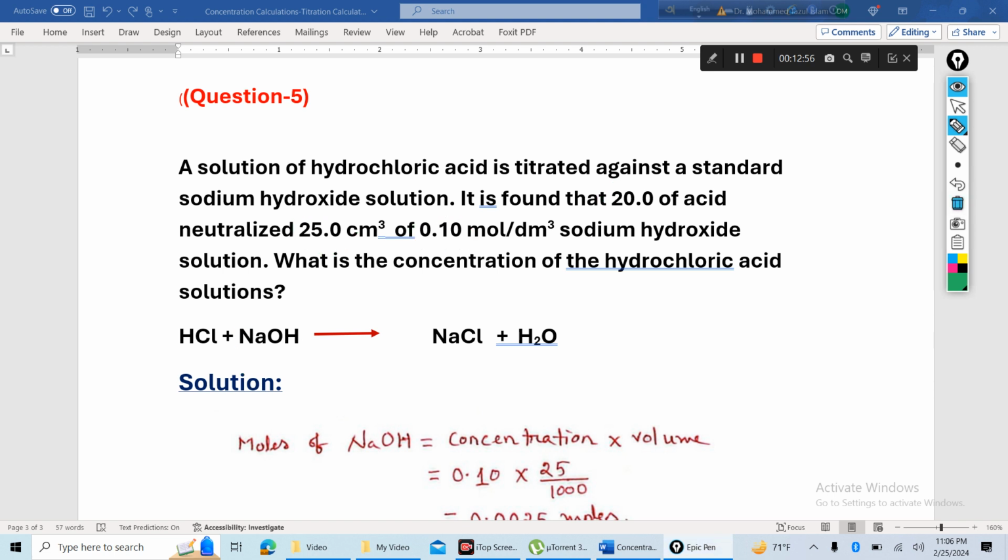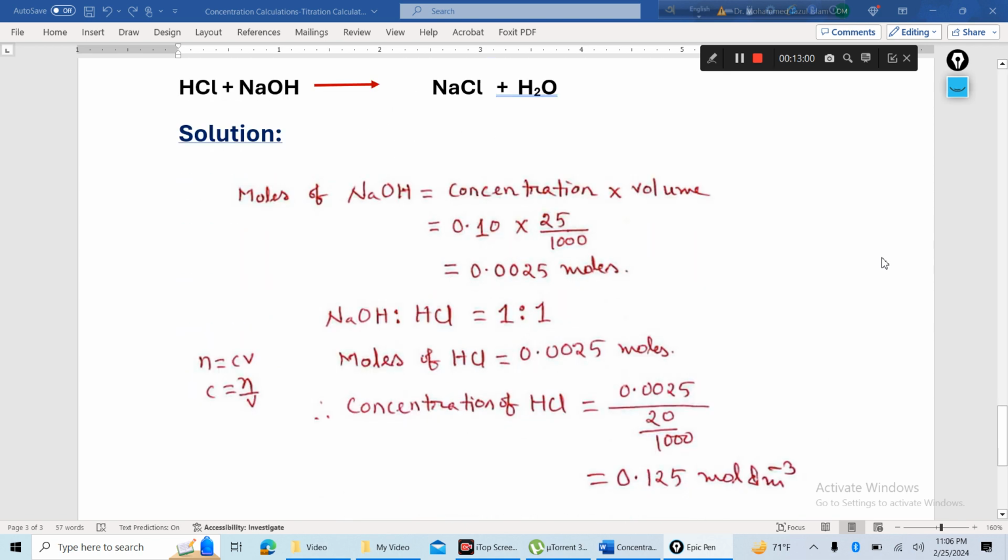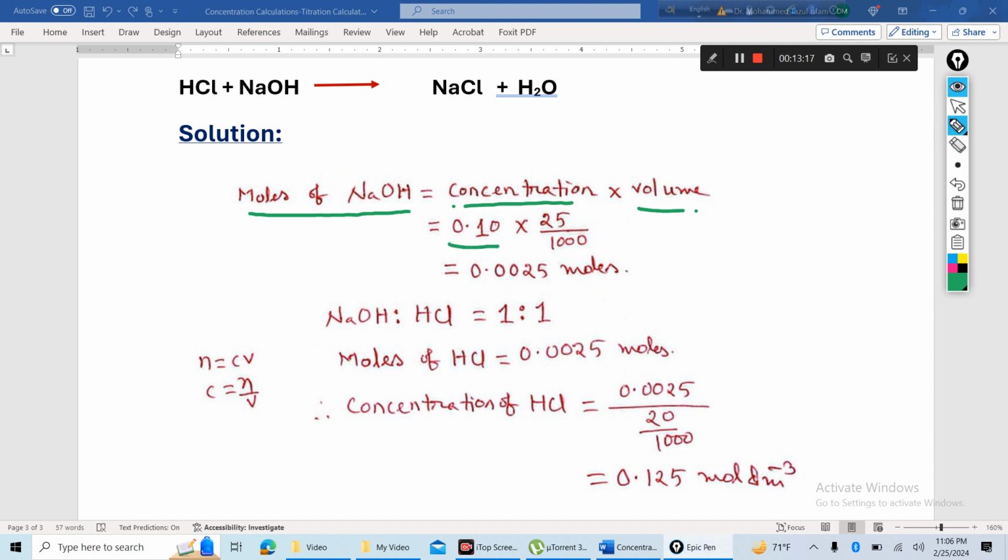Now you see, first the number of moles of sodium hydroxide: concentration times volume. Concentration 0.10 is given, volume also given, 25 divided by 1000.